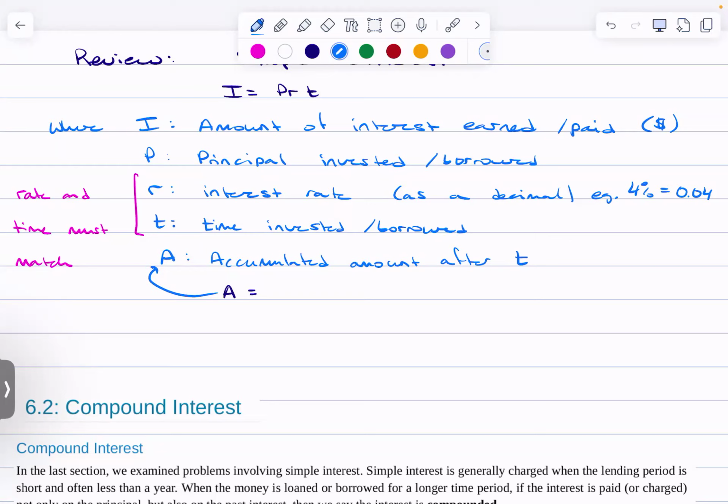The accumulated amount is either how much you have to pay at the end, including your interest, or how much you get at the end after you've made your deposit and waited for some amount of time. It's a dollar amount, and P is a dollar amount as well.